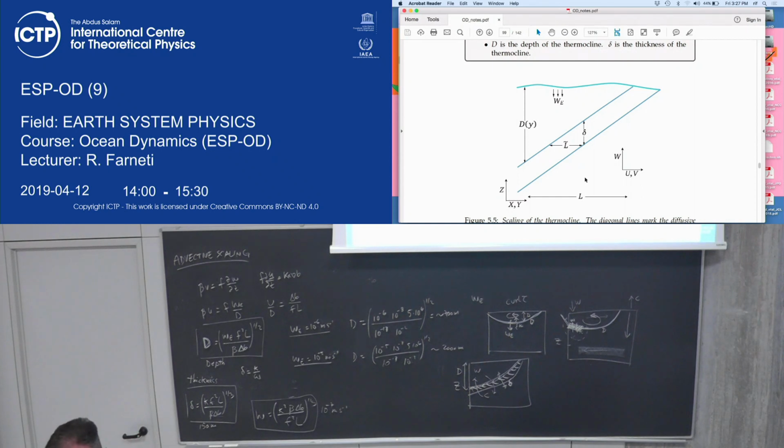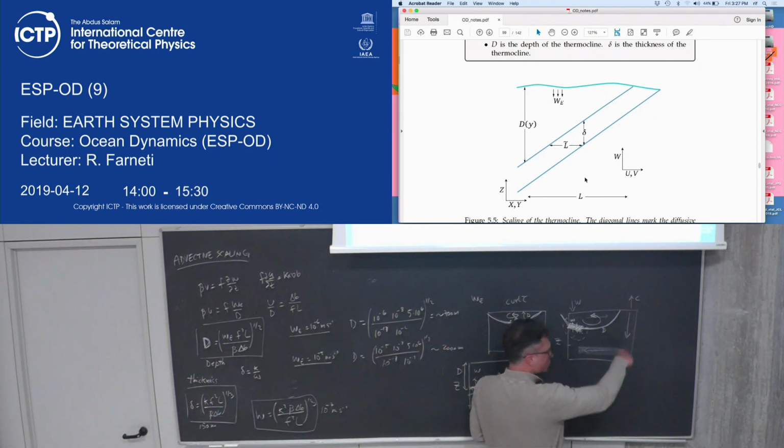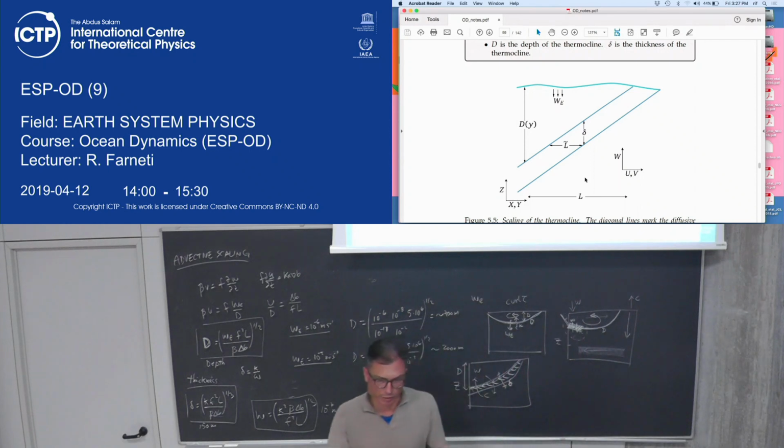Below that, I cannot feel the wind stress curl, and so the ocean is not governed by the wind stress curl. Below that depth D, you have this abyssal circulation, which is governed by other dynamics, basically the meridional overturning circulation. So you have a wind-driven gyre at the surface, which has a depth D, the depth of the thermocline.